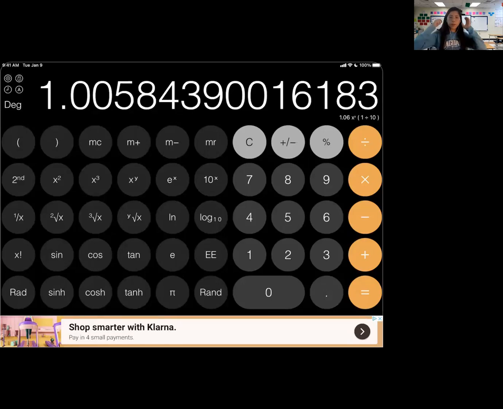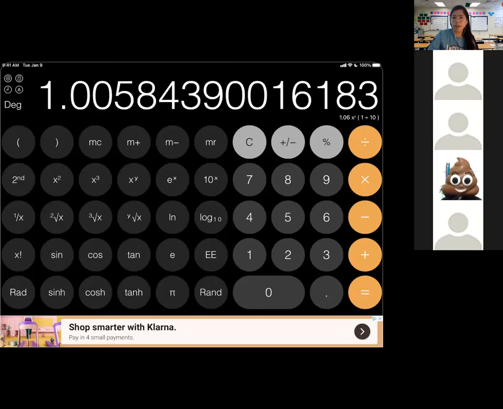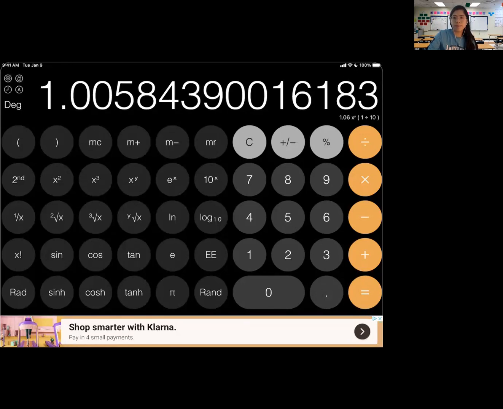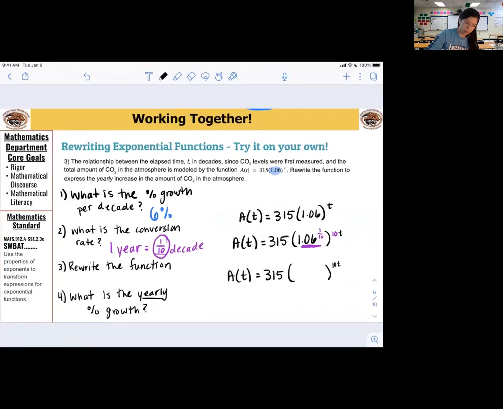And here's what I got, 1.00584. Questions on how I got this number? Does anybody get a different number they want me to double check or show one more time? Okay, cool. 1.00584.